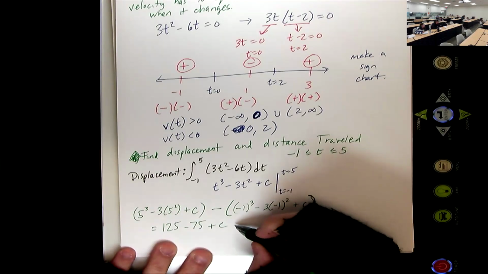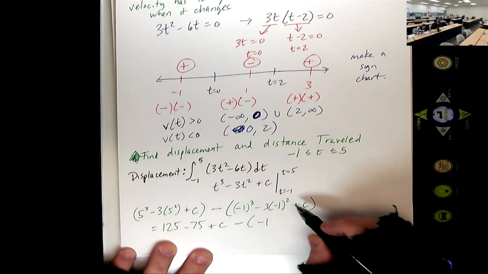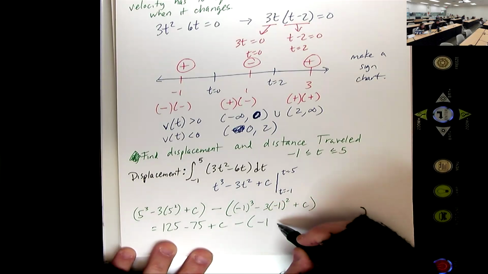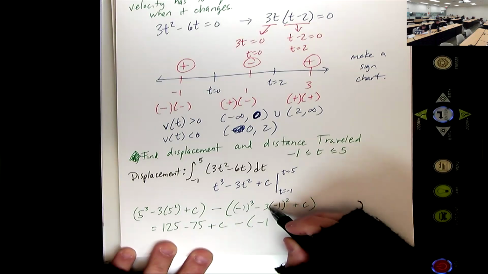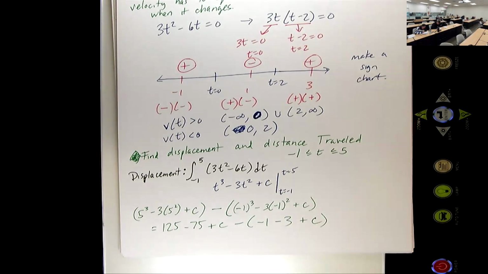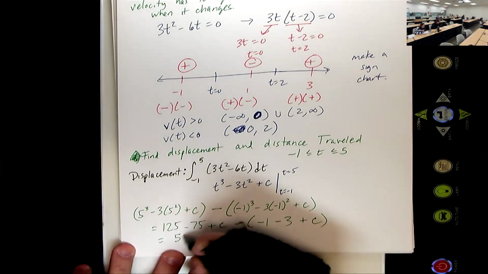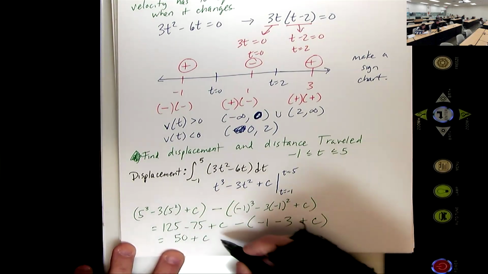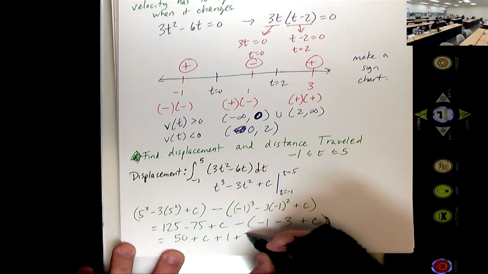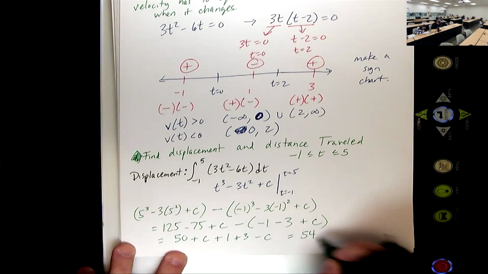And I've got minus -1 cubed is -1. Minus 3 times -1 squared: -1 squared is +1, times -3 is -3. If I do those first two, and then distribute, I get 54.